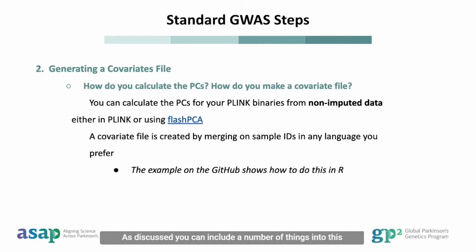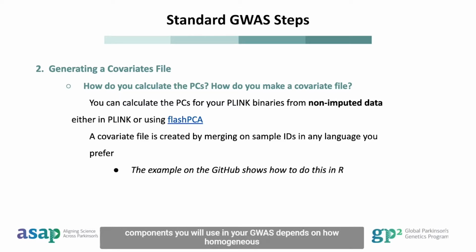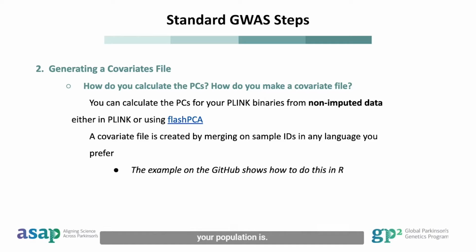As discussed, you can include a number of things into this file, like sex and age. But how do you calculate the principal components? It is important to note that the principal components are calculated on non-imputed data. The number of principal components you will use in your GWAS depends on how homogeneous your population is.